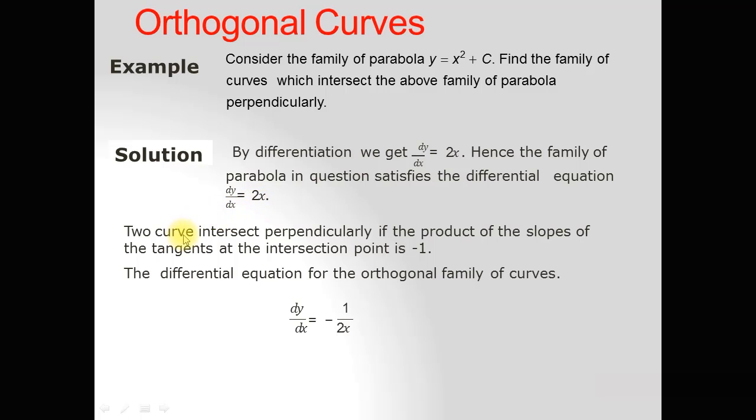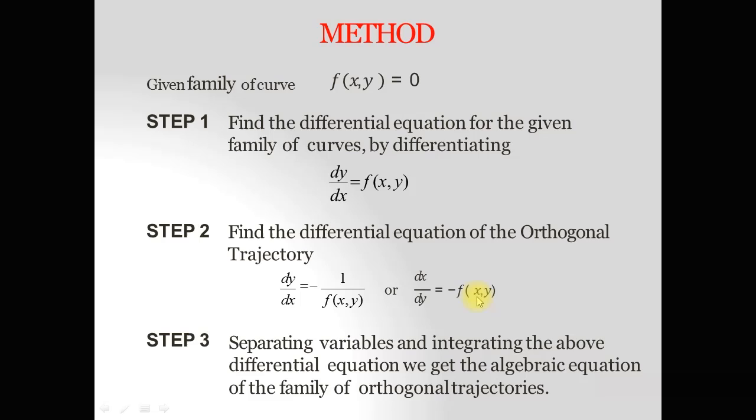Now two curves intersect perpendicularly if the product of the slopes of the tangents at the intersection point is minus 1. So dear students, as I have already told you, this is the given family of curves, and we are going to find the orthogonal family of curves.